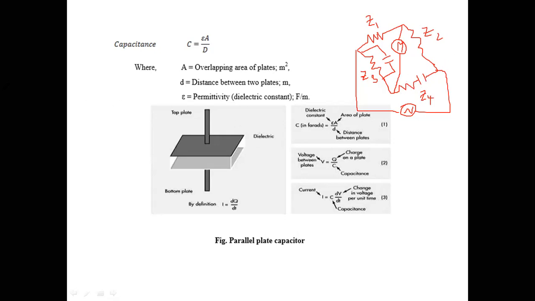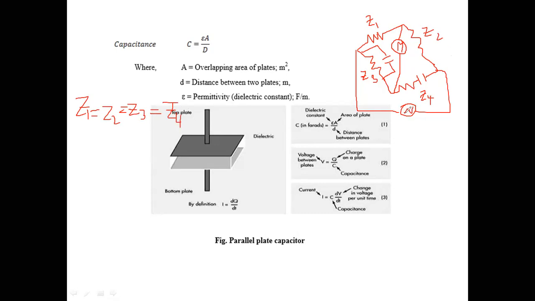In the initial condition, Z1 equal to Z2 equal to Z3 equal to Z4. When they are equal, the bridge is balanced.